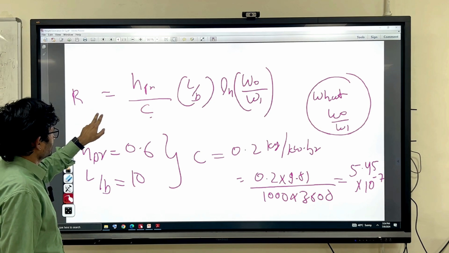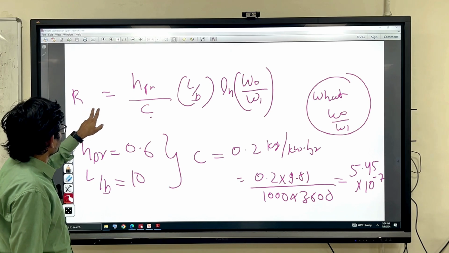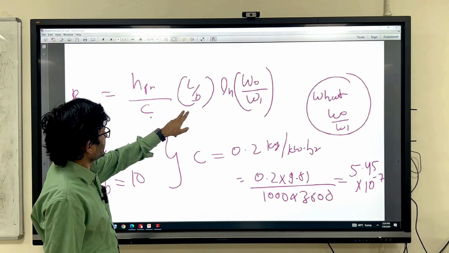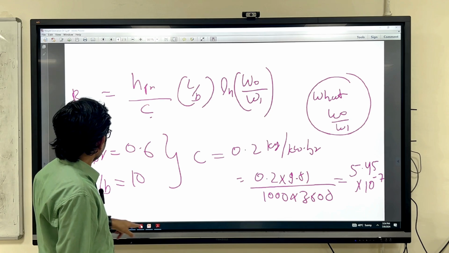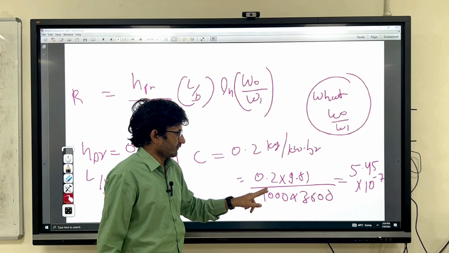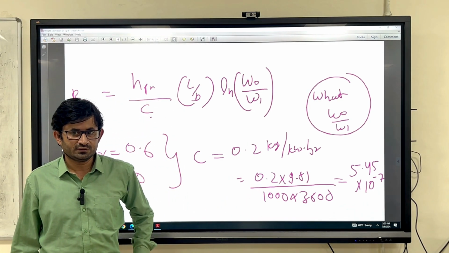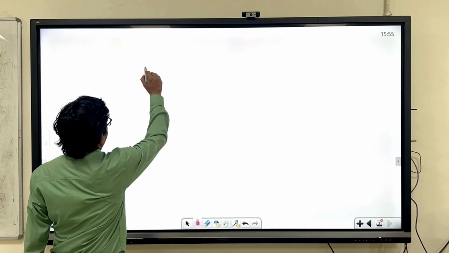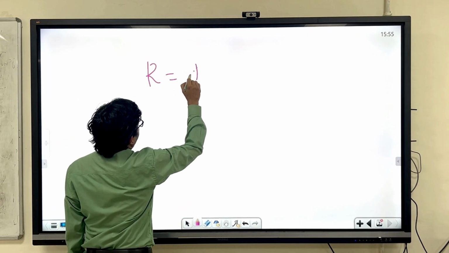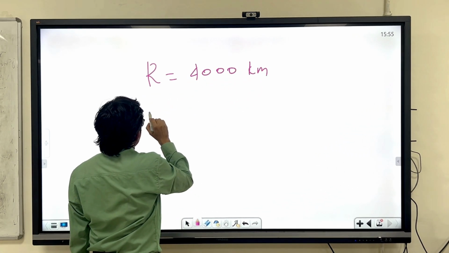If the range requirement is given, then you can use R equal to eta_p over C times L by D times ln(W0 by W1), and you can estimate the fuel weight fraction. So can you tell me what range we have taken? 4,000, no? So R is 4,000 kilometers.